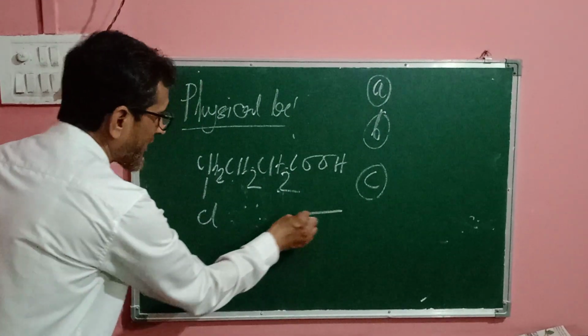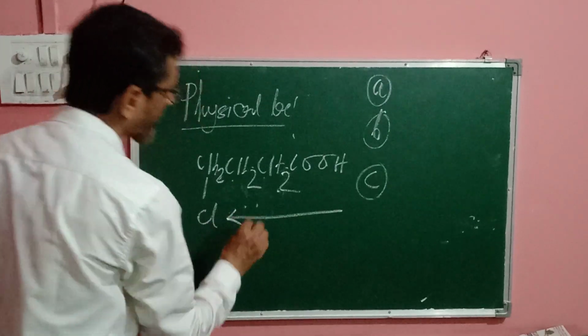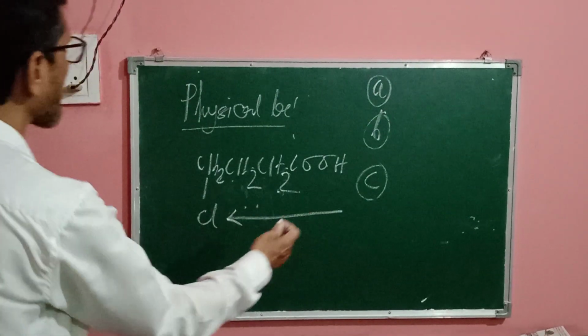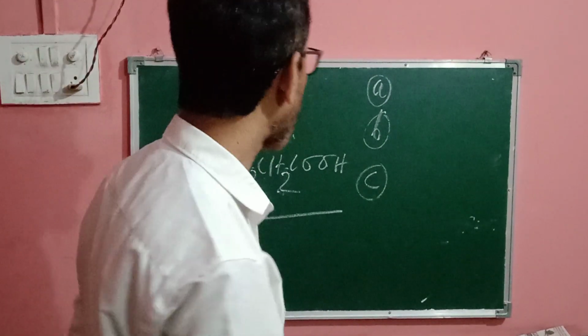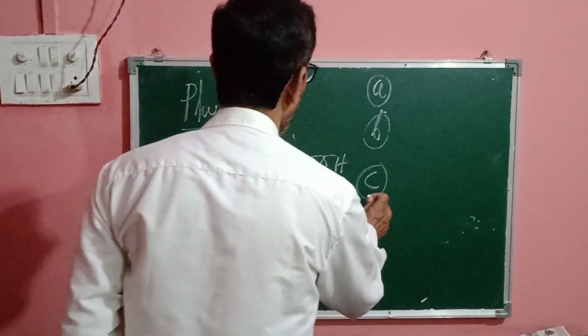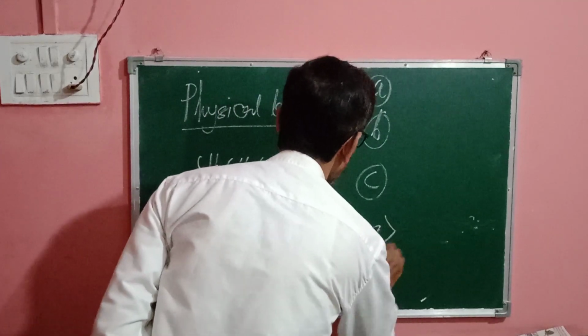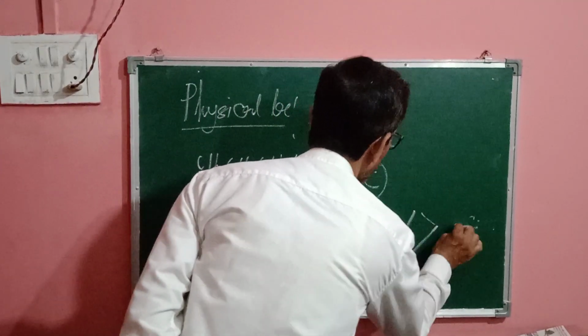If the distance of chlorine from COOH increases, the minus I effect diminishes. So here A will be more acidic than B, then C.